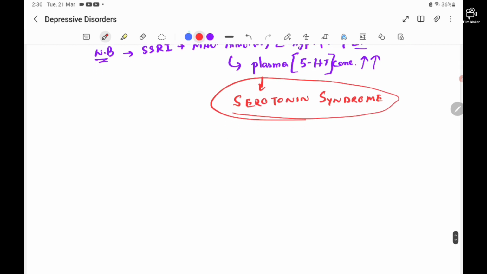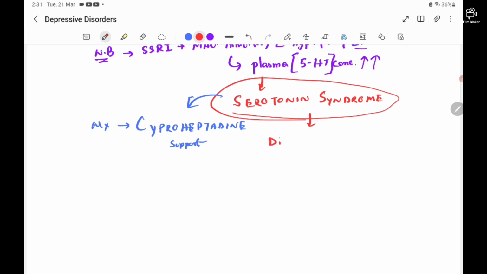Now, how will you manage a patient of serotonin syndrome? The basic management for serotonin syndrome is cyproheptadine and supportive care. And what are the manifestations of serotonin syndrome?